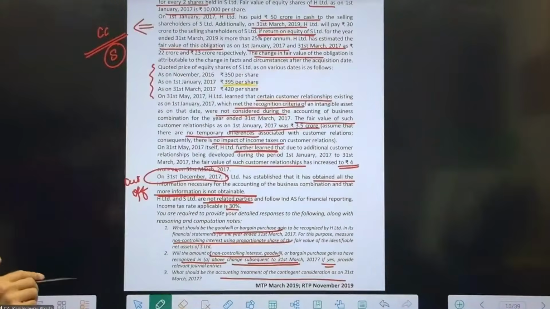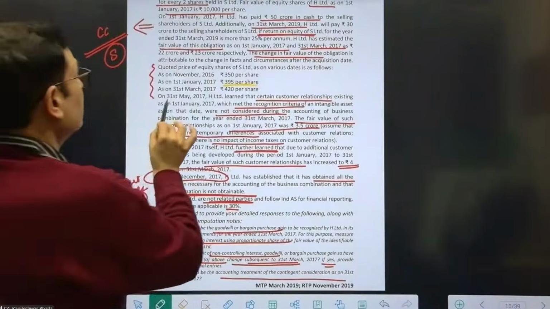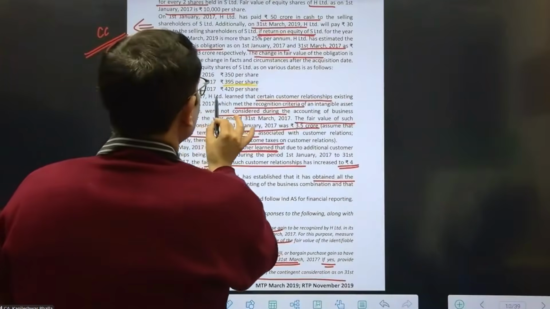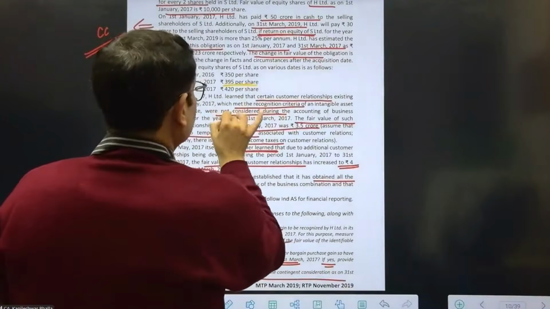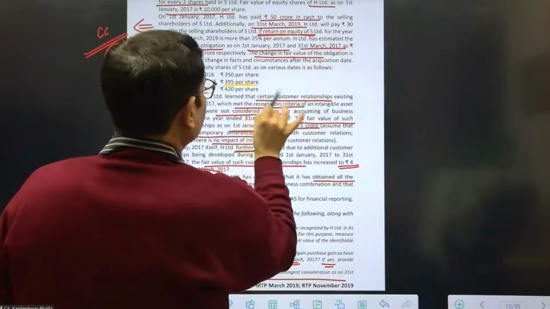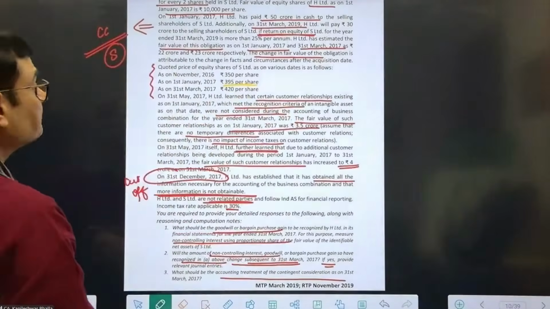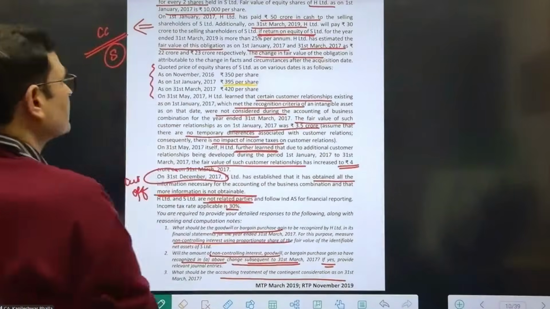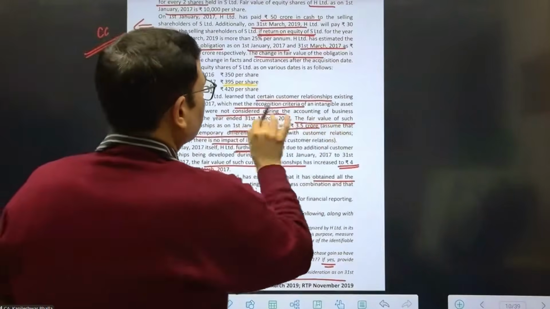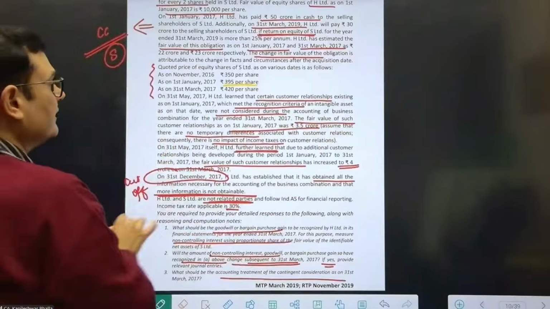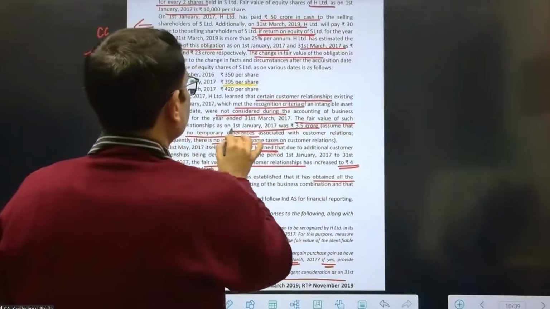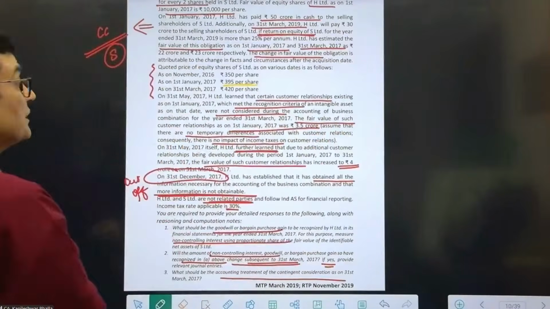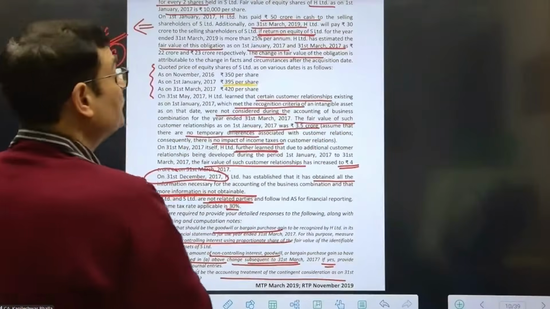I am given the information that on 31st May 17, that is after the acquisition date, the company learned that certain customer relationships on the acquisition date met the criteria for intangible assets, but were not considered as a part of the acquisition accounting. Then he says the fair value of these relationships is 3.5 crores, assuming there were no temporary differences.